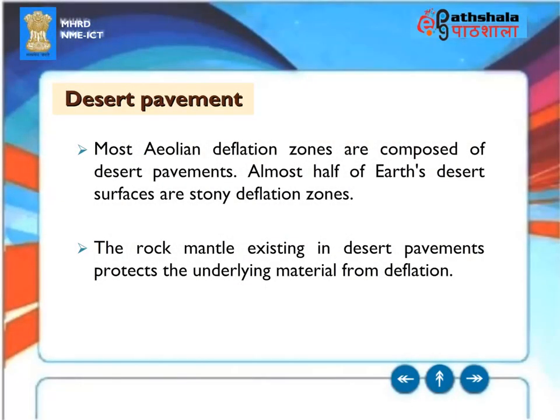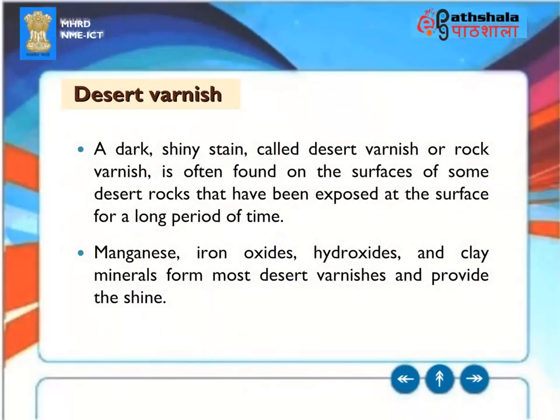Desert pavement. Most Aeolian deflation zones are composed of desert pavements. Almost half of Earth's desert surfaces are stony deflation zones. The rock mantle existing in desert pavements protects the underlying material from deflation. Desert varnish.